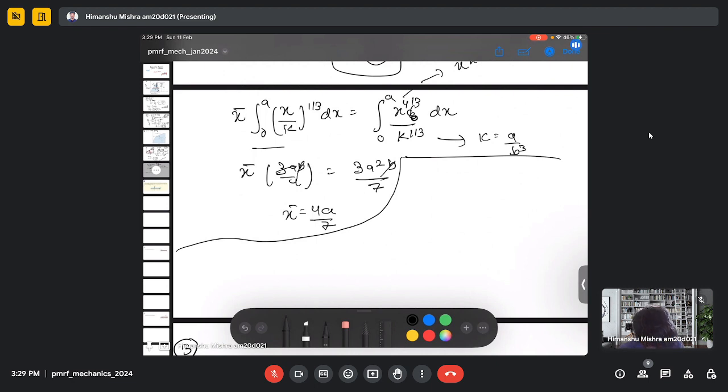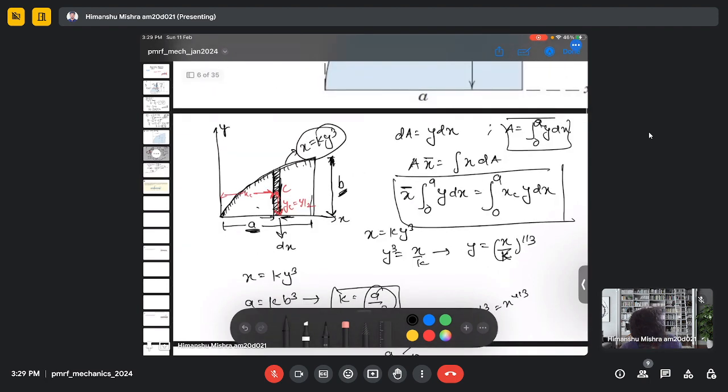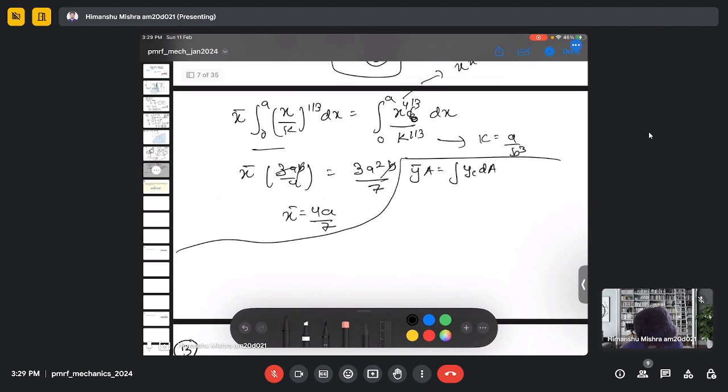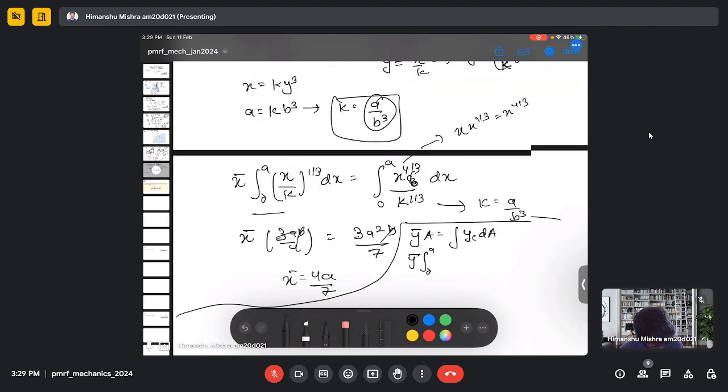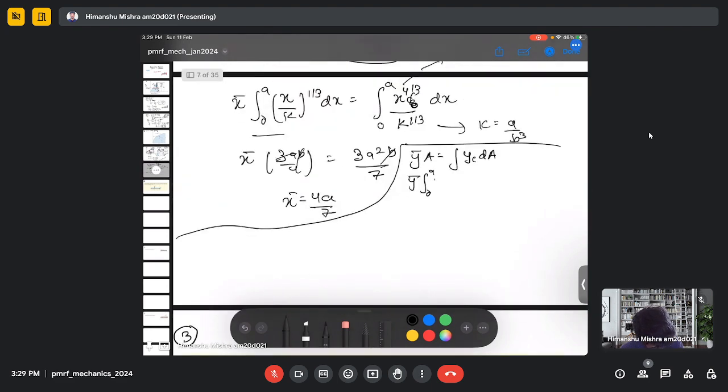So for the centroid in the y direction, it will be y bar times the integral of dA equals the integral of yc dA. Now we know yc is y by 2, so it will be y bar from 0 to a, and this will be y by 2 times y dx.